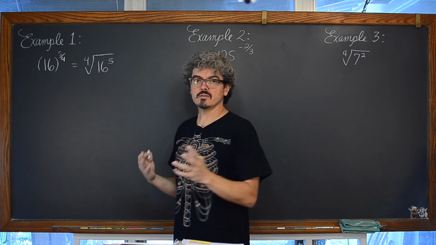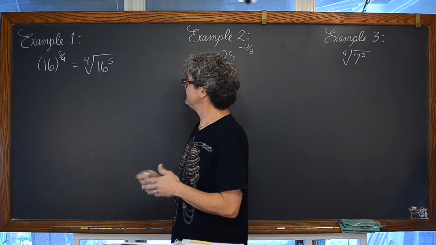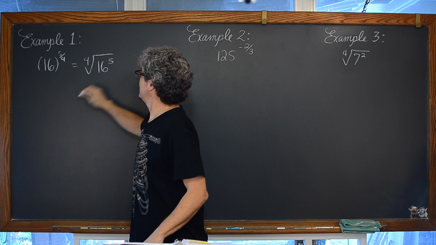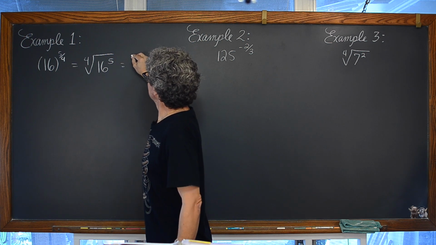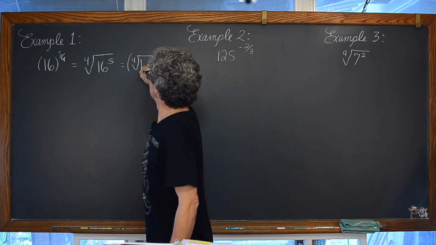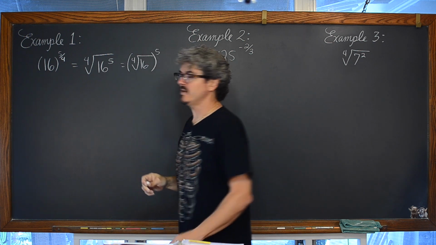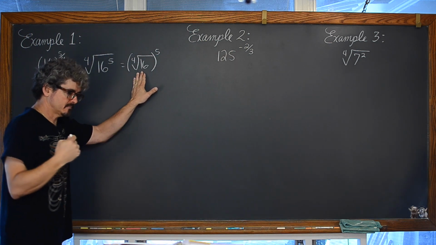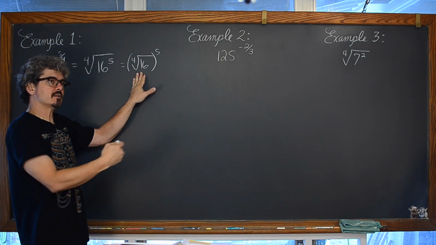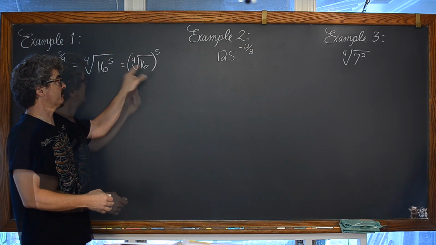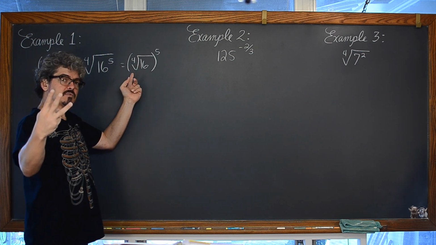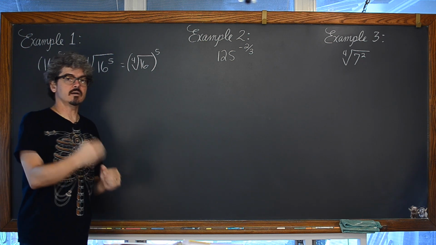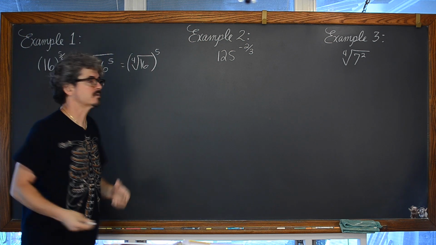And you can do that in either one of the ways that I write this, but a better way to write this is that it is equal to the 4th root of 16, raised to the 5th. Now, they mean exactly the same thing, but when you write your expression this way, hopefully it's going to remind you that you should be doing the root first. So 2 times 2 is 4, times 2 is 8, times 2 is 16. 2 to the 4th power is equal to 16, thus the 4th root of 16 is equal to 2.